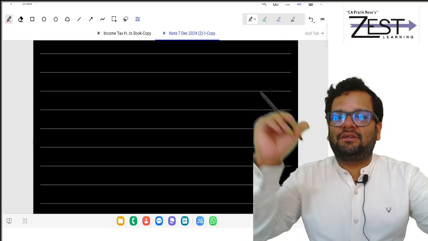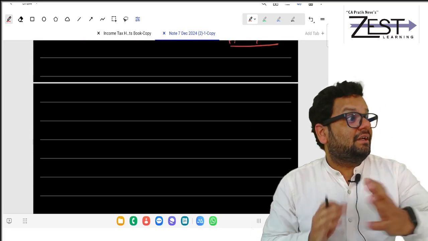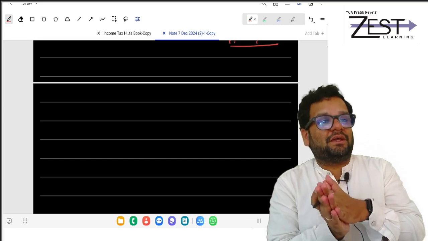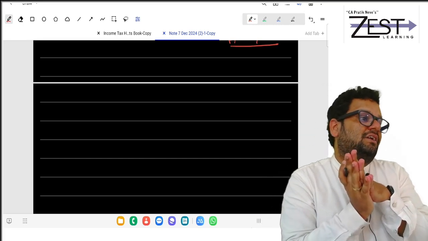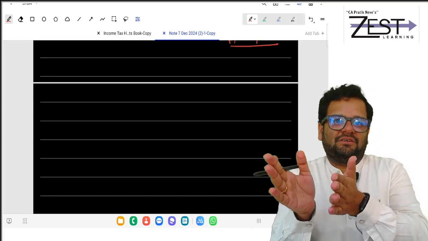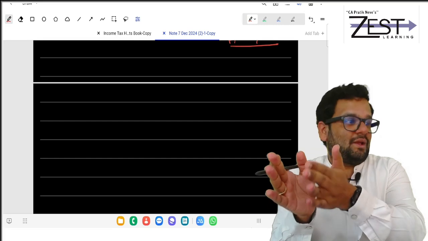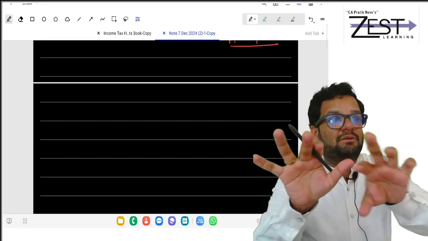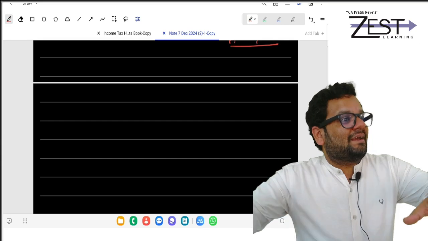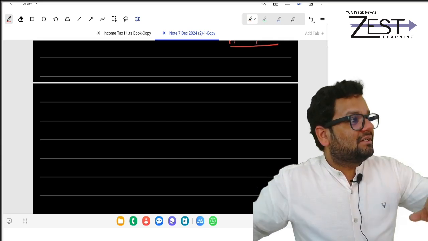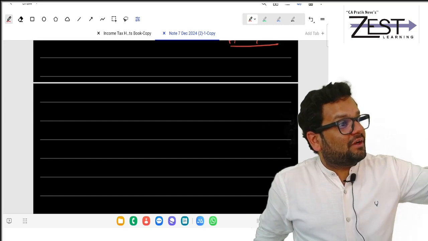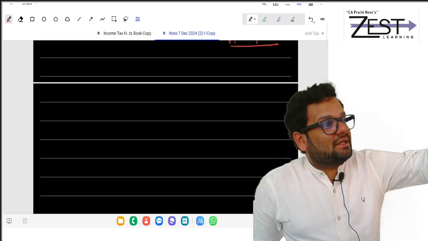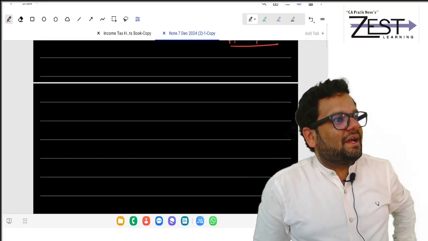If you have exorbitant income, exceeding 50 lakhs, you will not be expected to pay only tax. You will pay surcharge. The logic is, there is one person whose income is 12 lakhs, and one whose income is 62 lakhs. But up to the first 10 lakhs, they have both paid 1 lakh 12,500.